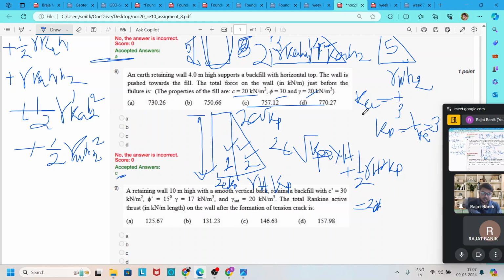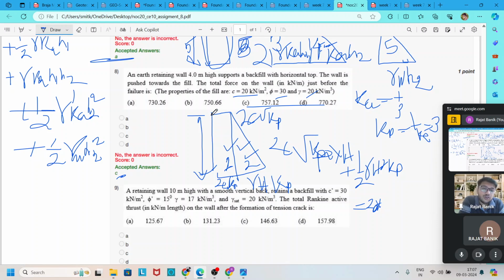I think it is understood by everyone how it is solved. Just draw the pressure diagram for this case and divide it into suitable known areas. Here I am dividing it into a rectangle and a triangle.